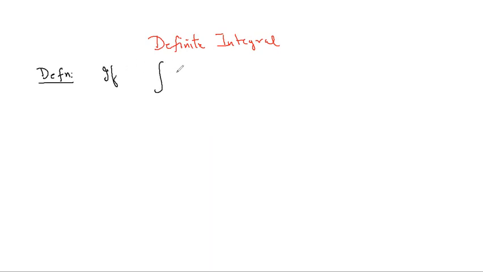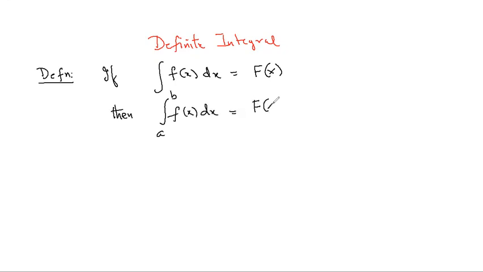If the integral of small f of x dx is capital F of x, so I integrated a function and got capital F x as the answer, then the integral from a to b of f of x dx is, after first integrating it, it became a new function.